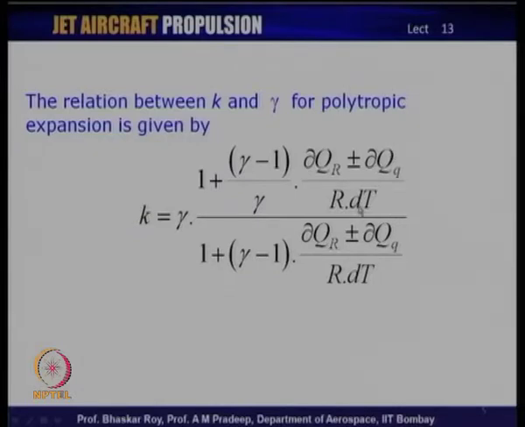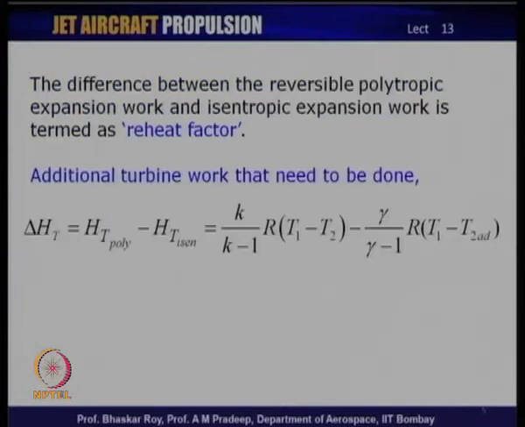T is the change of temperature through the process, R is the gas constant, and gamma of course, is the ideal specific heat ratio. So, if you use this relation, you would get a value of the polytropic index k for that particular operating condition, involving all the heat transfers that may be taking place internally or externally.